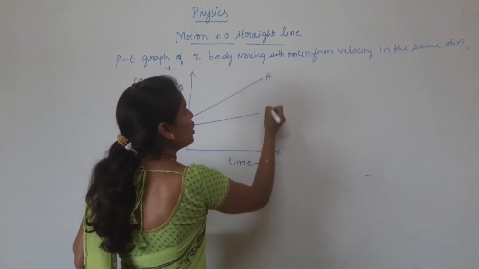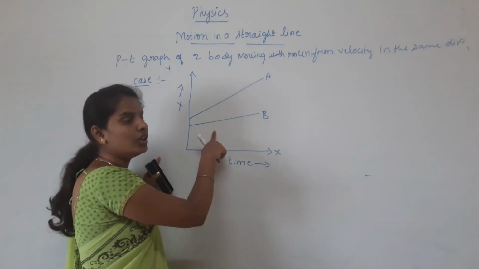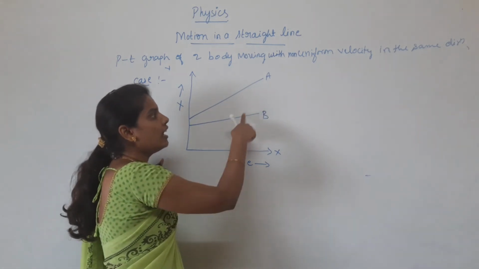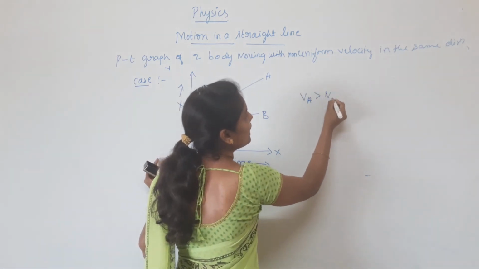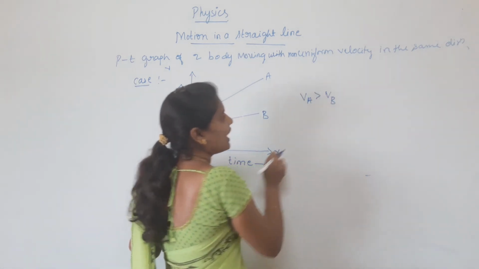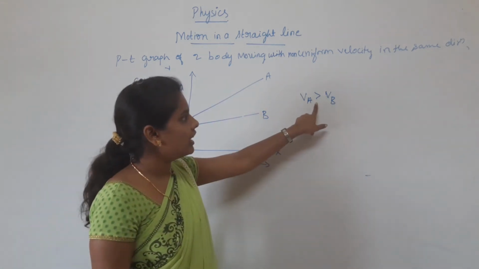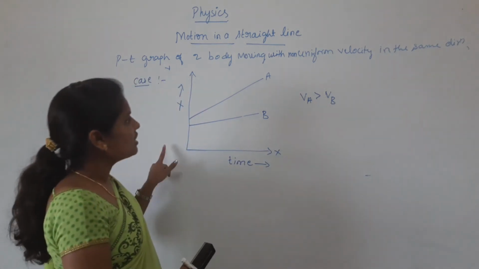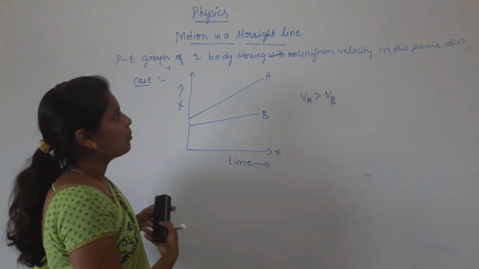Here also body B is always moving behind body A. Here VA is greater than VB, so the relative velocity of A is greater than that of body B. This is the non-uniform velocity of a body.